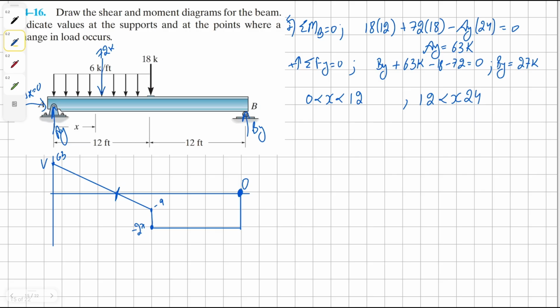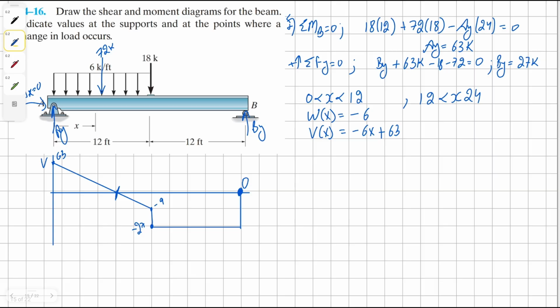For this first region, we know that our load equation is going to be simply negative 6. Then our shear equation is going to be negative 6x plus c, and our c is 63 in this case. And then we have our moment, which is going to be negative 3x squared plus 63x plus the constant, which we'll solve later, but it's good enough for now.